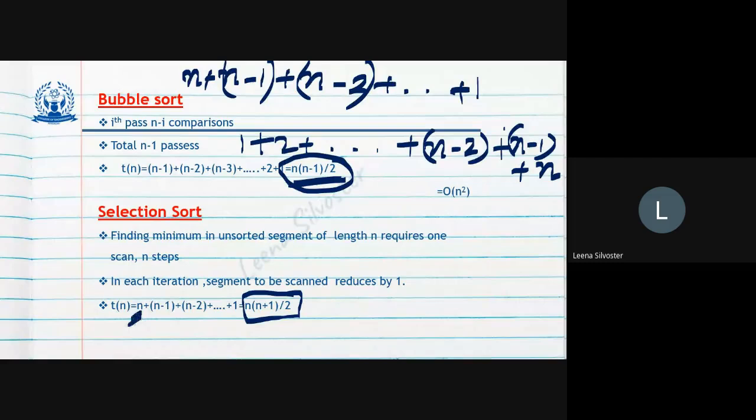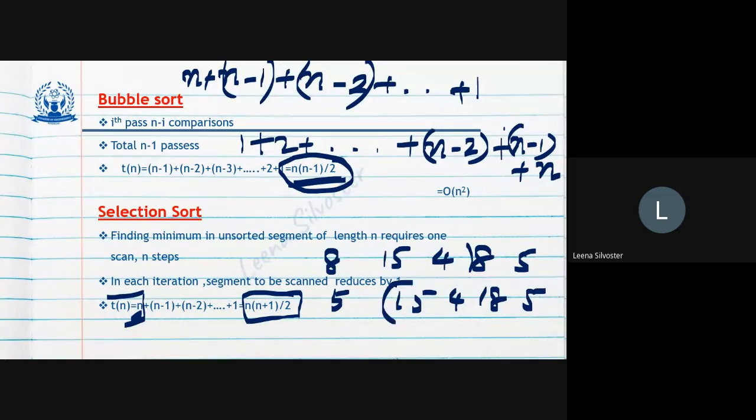Because in the first step we are having n numbers, and in the next stage we removed the smallest number. Suppose there are 5 numbers in this series, we will remove the smallest one and then compare the remaining 4 numbers.